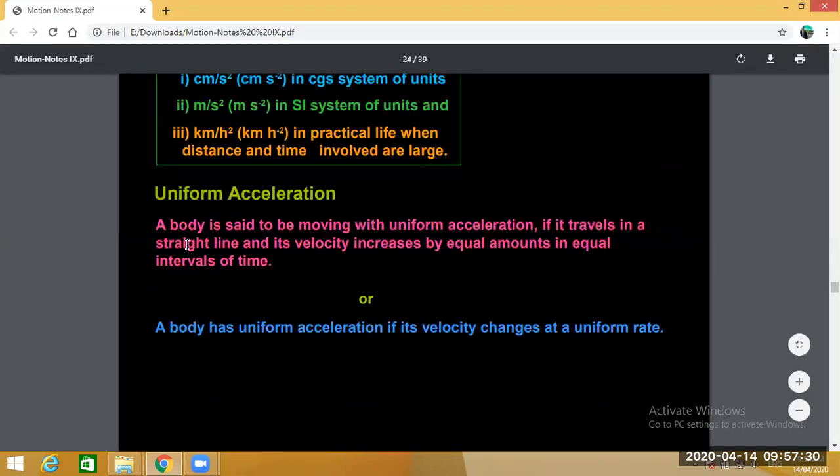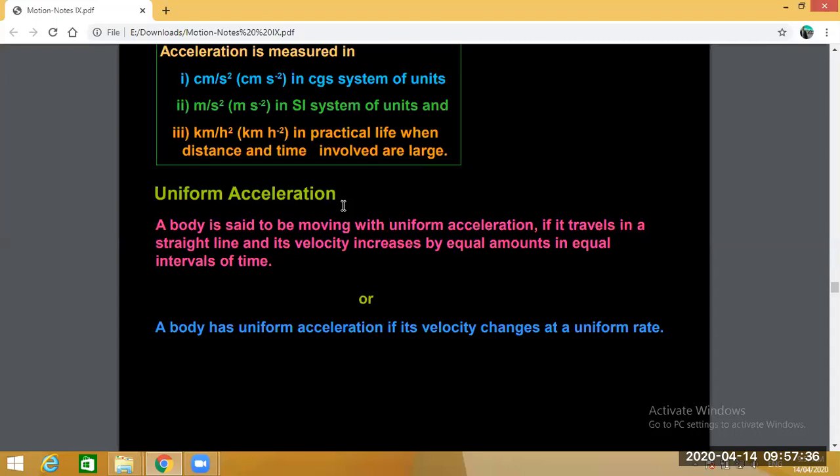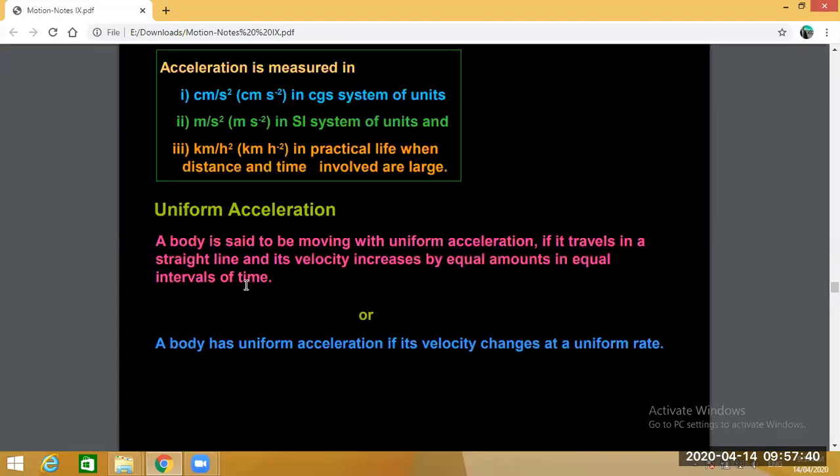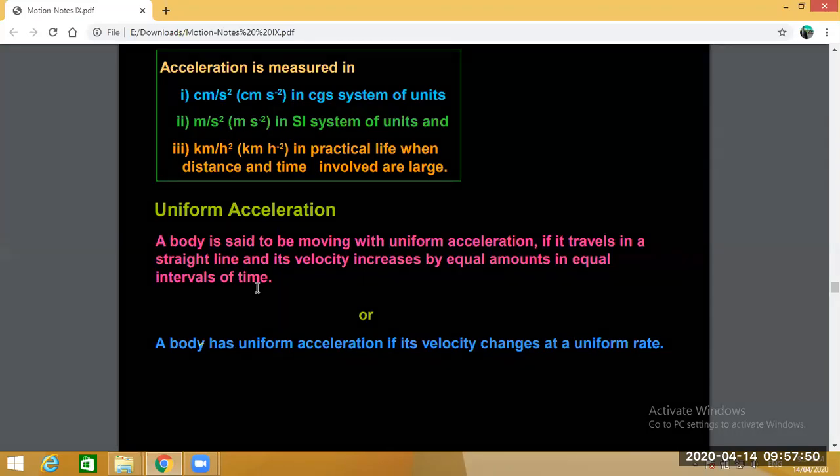Next, types of acceleration, try to understand. Uniform acceleration: a body is said to be moving with uniform acceleration if it travels in a straight line and its velocity increases by equal amounts in equal intervals of time.